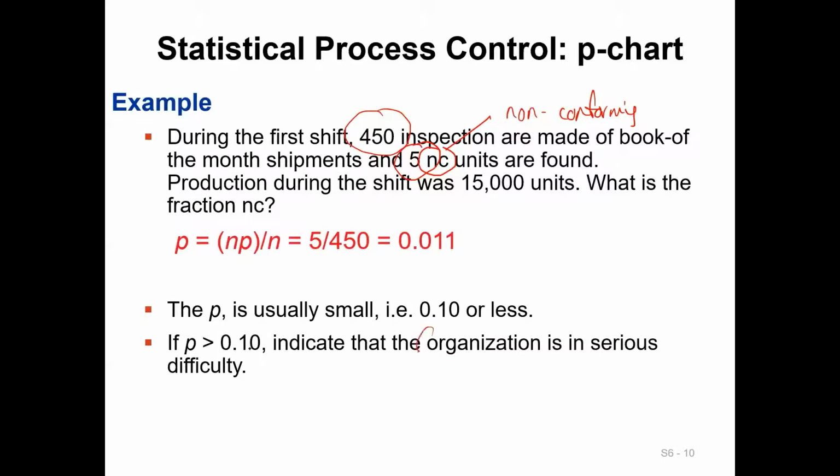It means that out of 10 products produced, 1 will be rejected. If that is the case, it's very serious. Do you think it's serious? If I say that out of 10 students, one of you will fail my SPC, oh, that is very, very serious. Okay, all right, so that's the fundamental of P, before we talk about the P-chart.